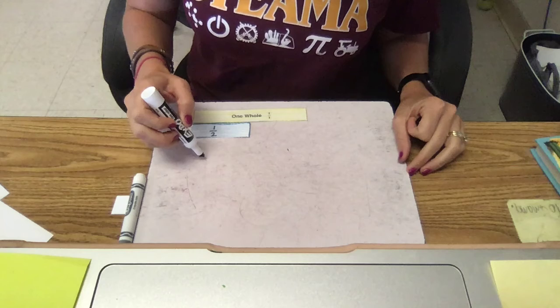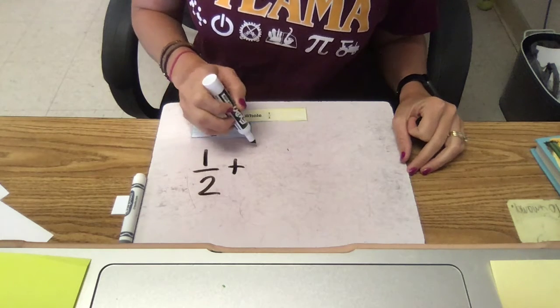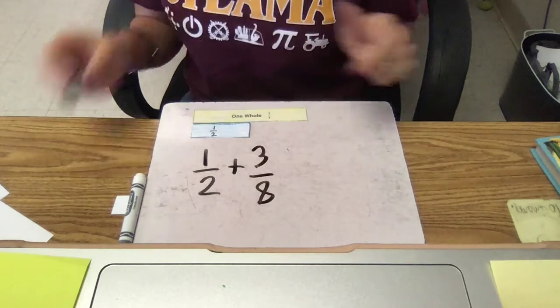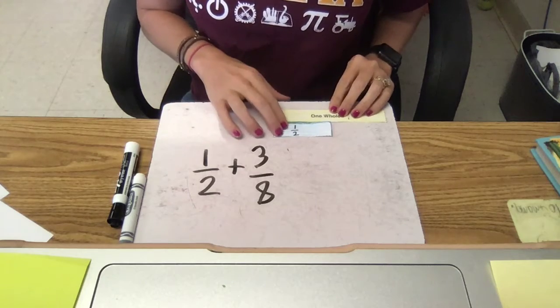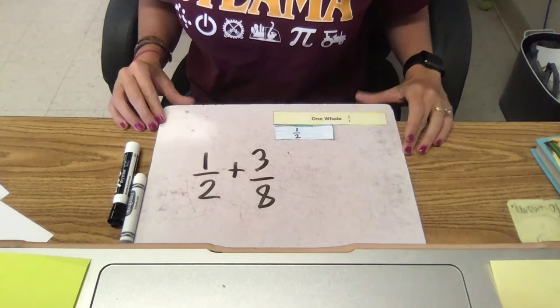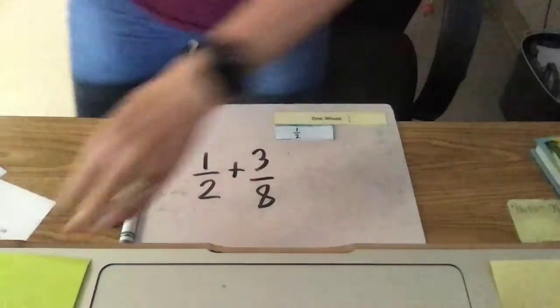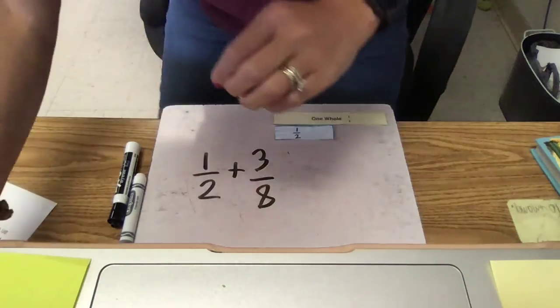So let's say I have 1/2 plus 3/8. Okay? So I've already got my half up here. I'm going to scoot it this way a little bit. And I'm adding 3/8. So grab your eighths and do this along with me.